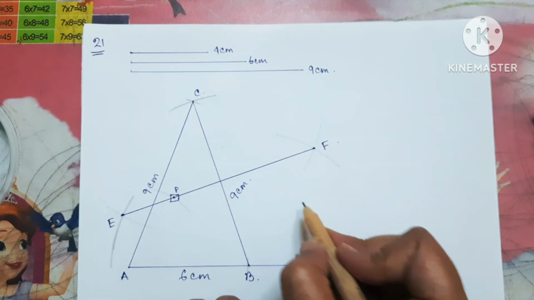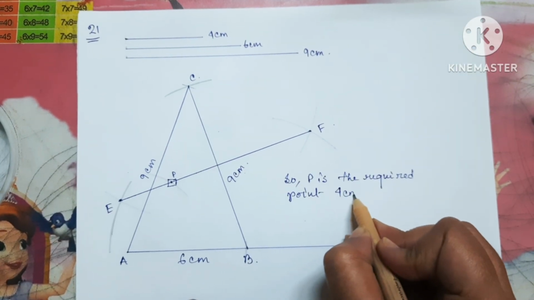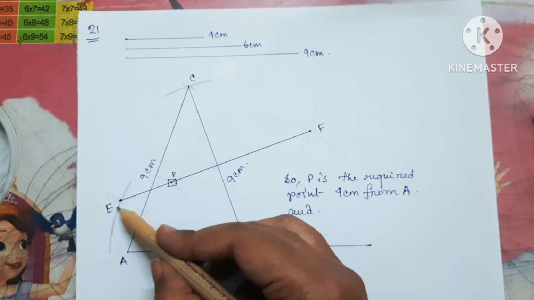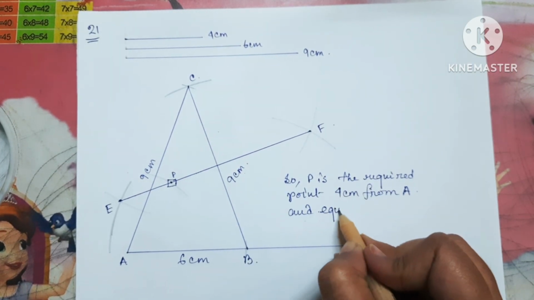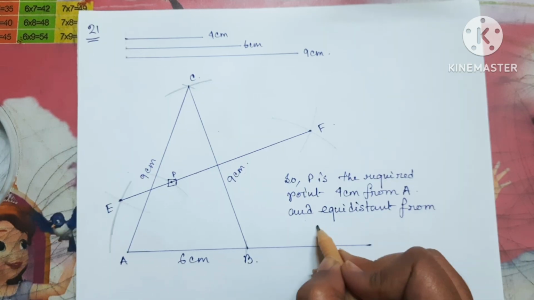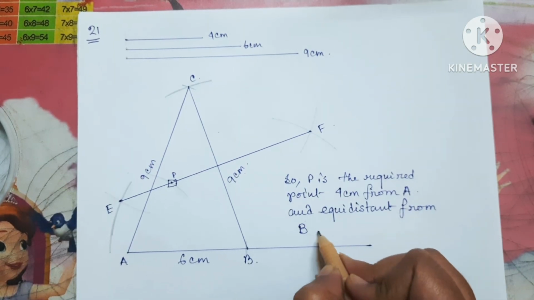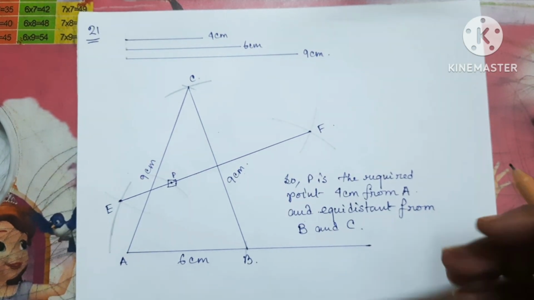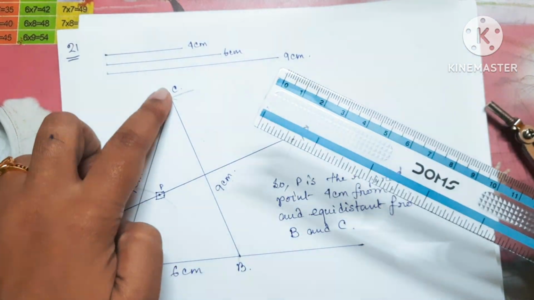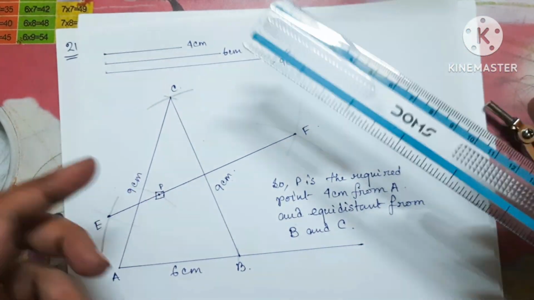So P is the required point, which is 4 centimeter from A, and since it is on EF, it is equidistant from B and C. You can join BP and PC, and then measure and recheck it.